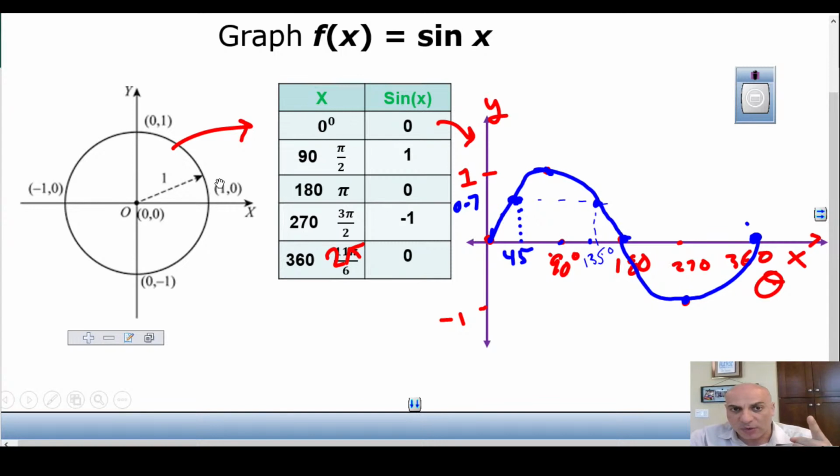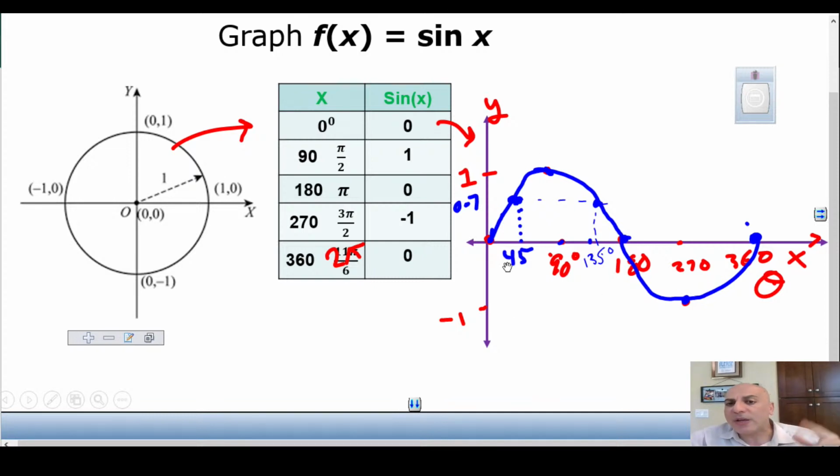This is on the unit circle as points, but from the unit circle we came up with a table. We took the table and plotted what's on the table, with the x-axis having the value for the degrees, the angle in terms of degrees, not radians, but you still could have radians, obviously.